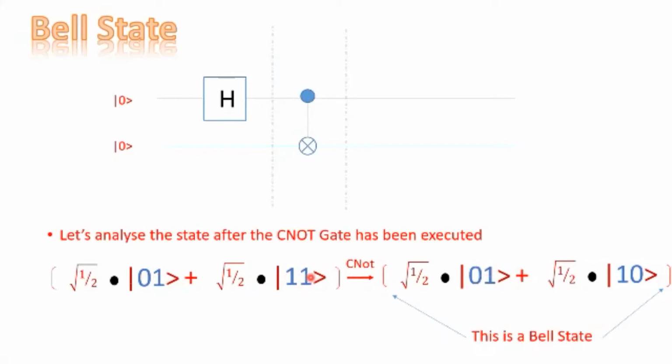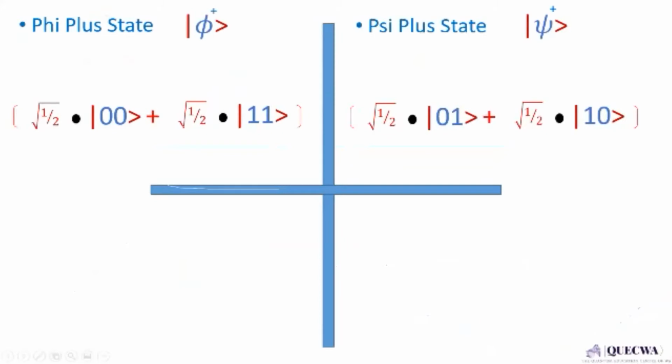However, here we have 1, 0, no, 1, 1, sorry. So the 1 means that we have to flip the second qubit, and we flip that into 0. Now, this is still a different type of Bell state. It is the second Bell state, which is called the psi plus Bell state.